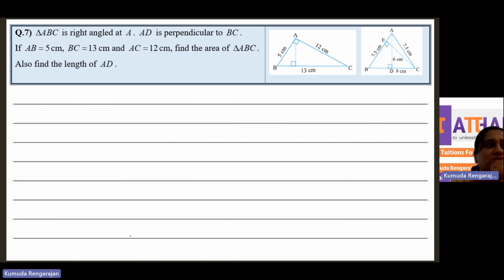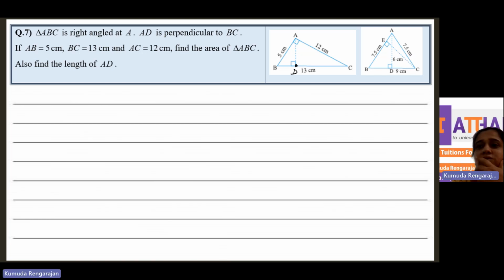Yeah, this is an interesting question. I want you to tell me how many altitudes you can see in this figure. Totally 3.